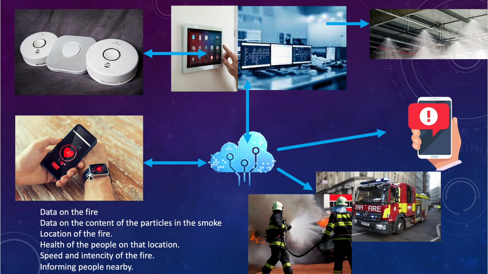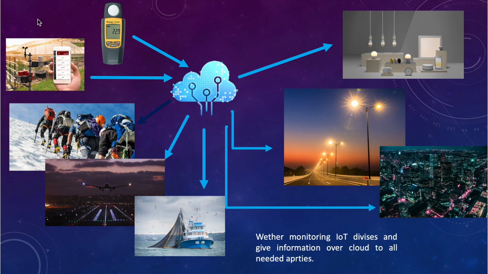Then we talked about a couple of IoT solutions working together through the internet to handle a single scenario, which is in this case a fire, and how an IoT fire control system would work. What are the options that are available in IoT to handle such a scenario? So we went through all that, and by now we have a basic understanding of IoT and what IoT does.